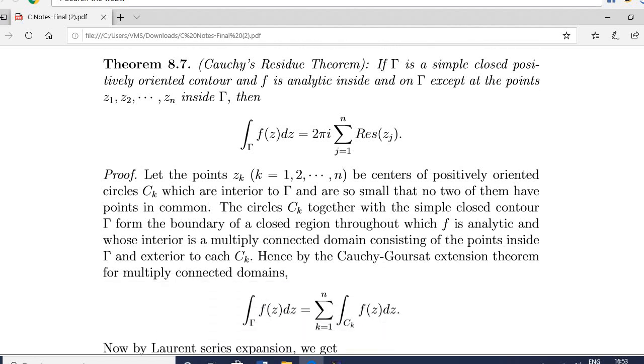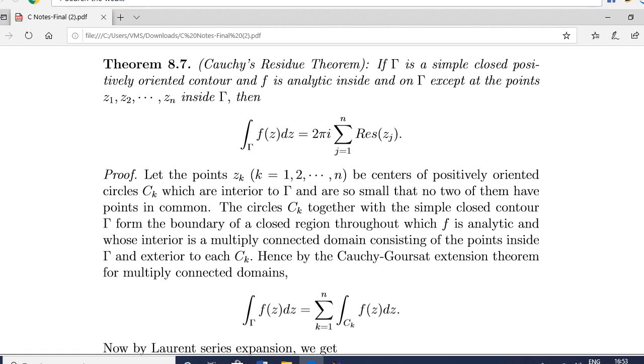Once that is true, directly we can apply the Cauchy-Goursat extension theorem, or what we call the Cauchy theorem for multiply connected domains. Then you directly get that the integral of f(z) over gamma is equal to the sum of the integrals over these small circles. So this integration over a larger simple closed curve is equal to the integral over each of these small circles inside.